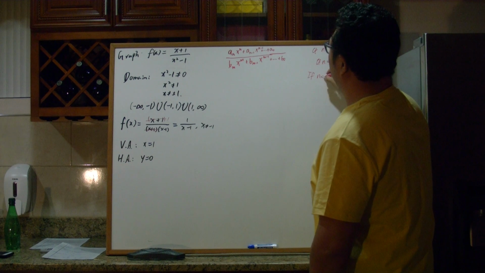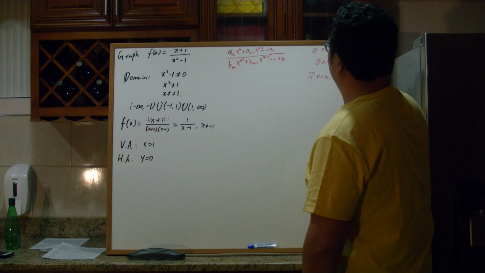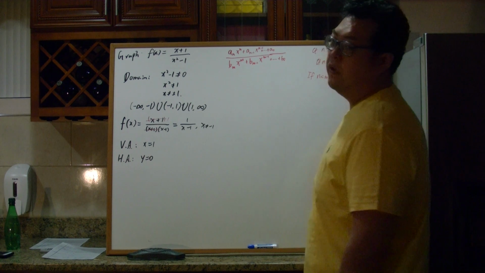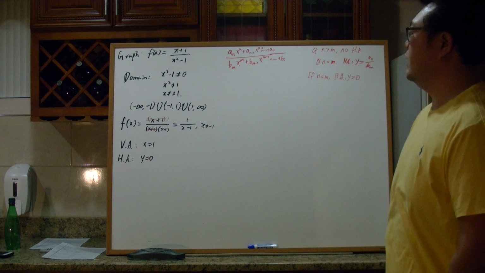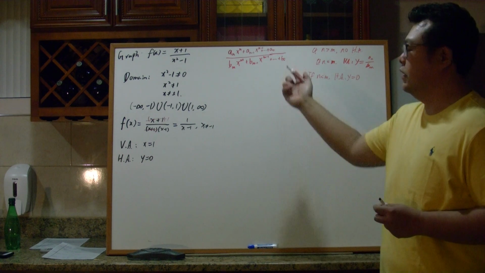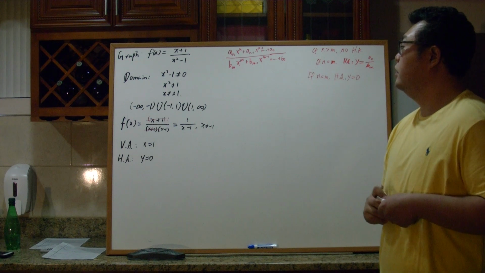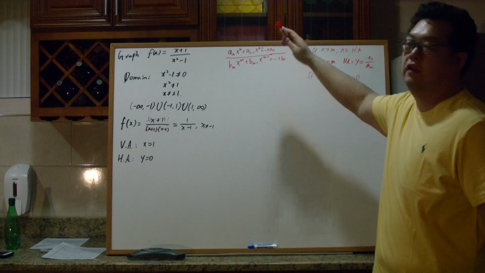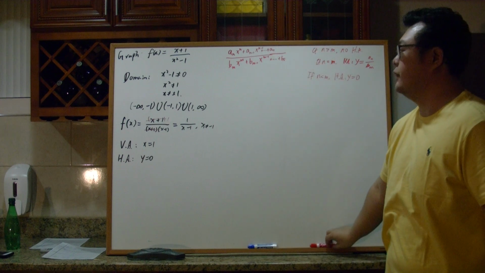If n is smaller than m, we have y equals 0 as the horizontal asymptote. That only holds for polynomials in each part of the fraction.